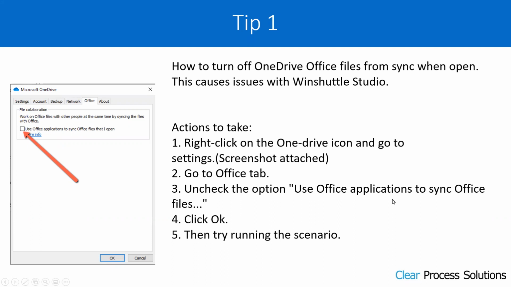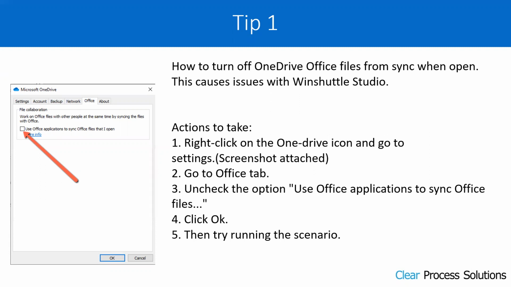And under the Office tab, you're going to want to uncheck the option that says use Office applications to sync Office files. So once you've unchecked this tab here and click OK, go ahead and if you were having any issues with opening a file, try to run that scenario again.